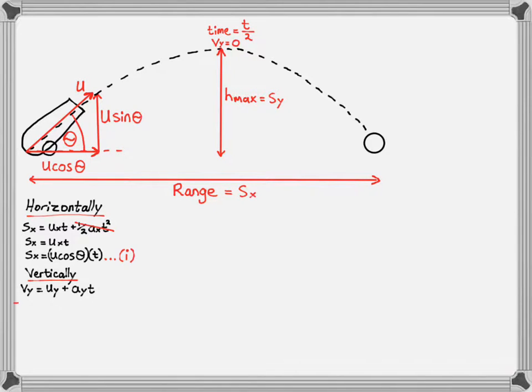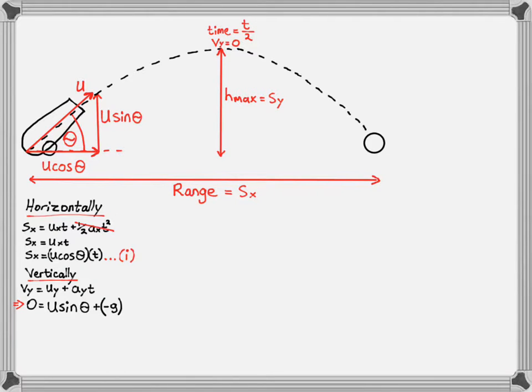So we're talking about Vy, which is 0, equals u sine of theta, which is Uy, plus acceleration in the y direction, which is minus g, g being the value for the acceleration due to gravity, which is 10 meters per second squared, or 9.8 meters per second squared, or 9.81 meters per second squared, depending on which you decide to choose or which is given to you in the question. But in any case, we're going to choose that down as negative here, so the value for acceleration due to gravity is going to be minus g.